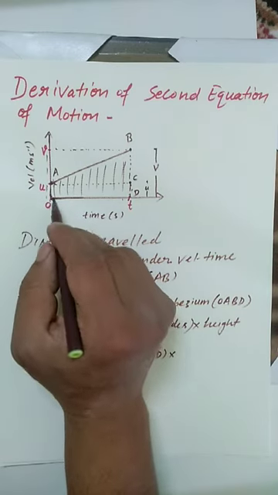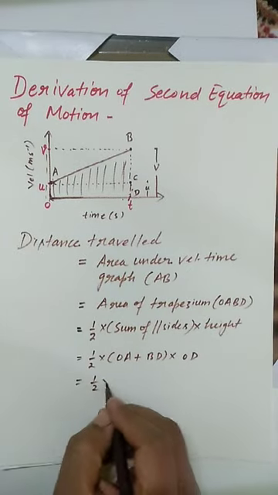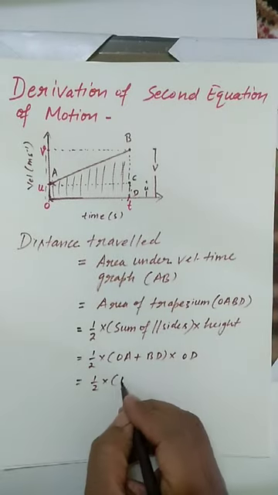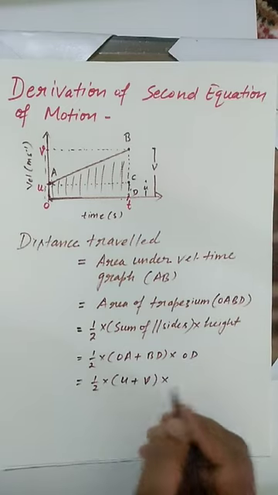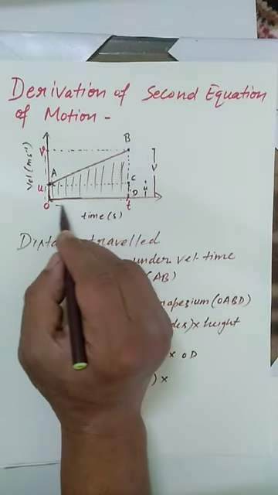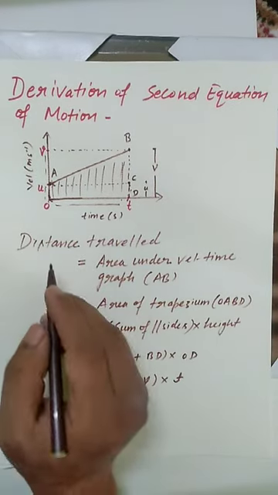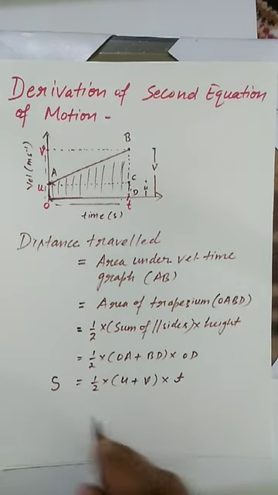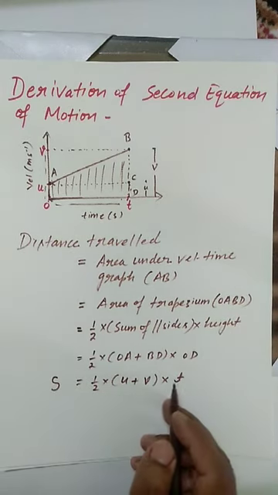Both are similar, so we can write OD. So place the value of these sides. OA is u, BD is v, and OD is t. Guys, distance traveled is also denoted by capital S. So we find the expression is equal to half (u plus v) into t.